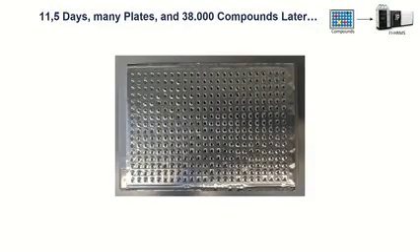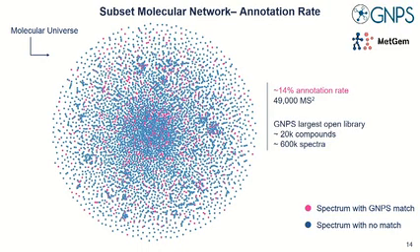And speaking about it, this is a plate we analyzed. We had a lot of plates. We acquired them in 11.5 days, as I said before. And we also wanted to see how many of those spectra we can actually already see in the public domain. This is just a small subset that we used, around 50,000 MS2 spectra.